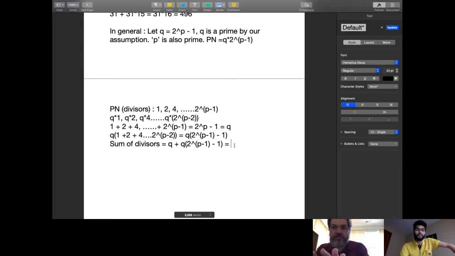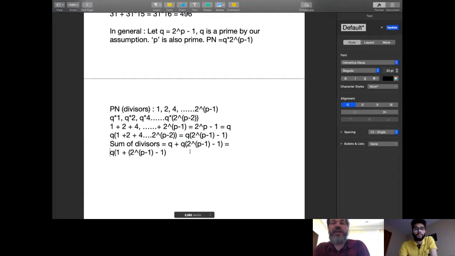You take q as a common factor. You have two ways. Either you take q as a common factor, and in the larger parenthesis you have 1 plus 2 to the p minus 1, and then minus 1, not plus 1.